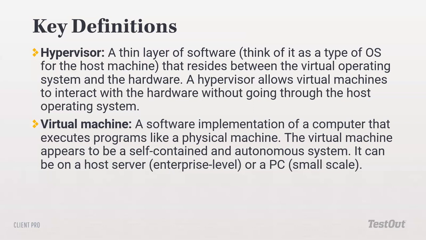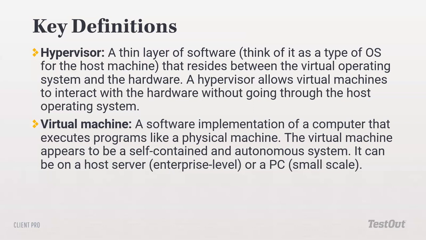And then from within that operating system, you are launching and accessing additional virtual machines. It's basically, I would say, like running Windows in a window. And that's what a hypervisor makes possible.